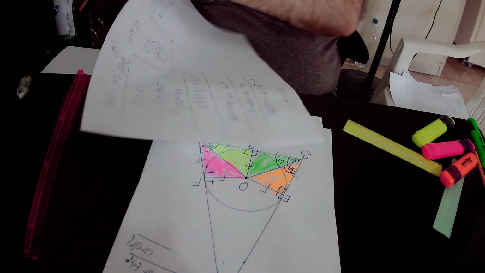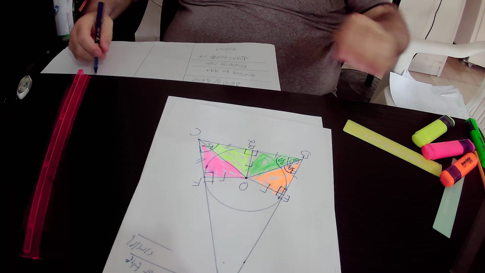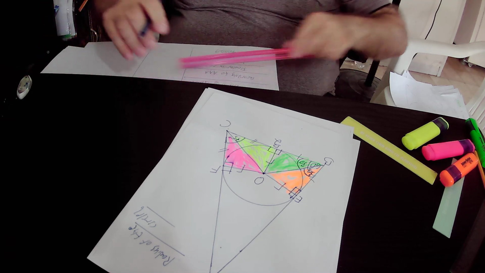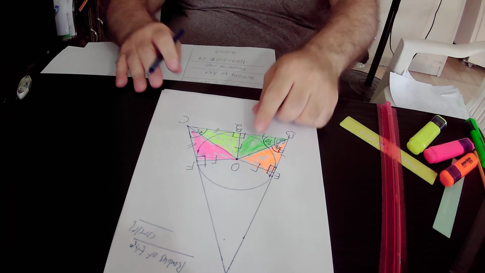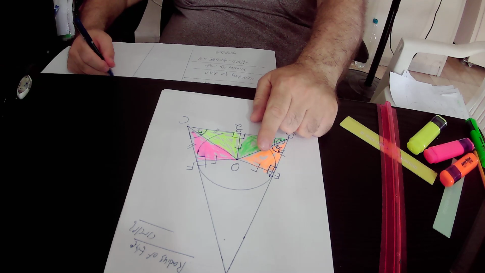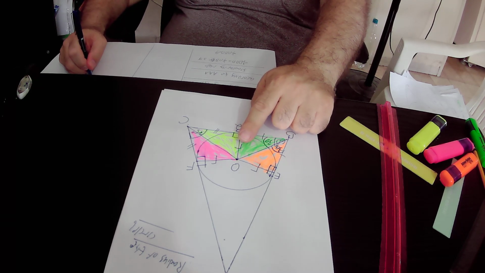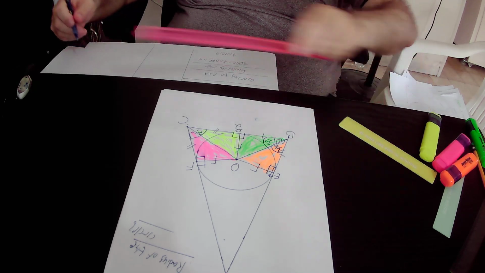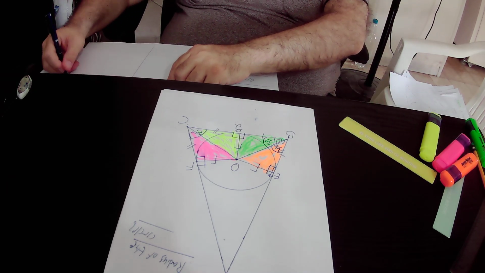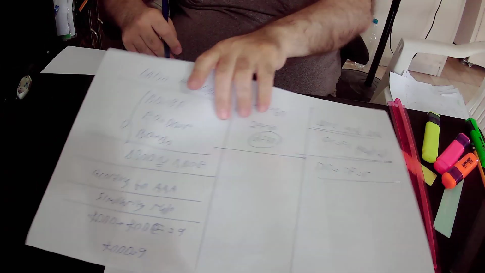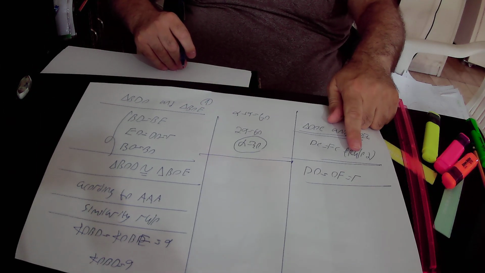In addition, we have here the radius DO is equal to the radius OF. DO is equal to OF. They are both radii of the circle, therefore they are equal to each other.